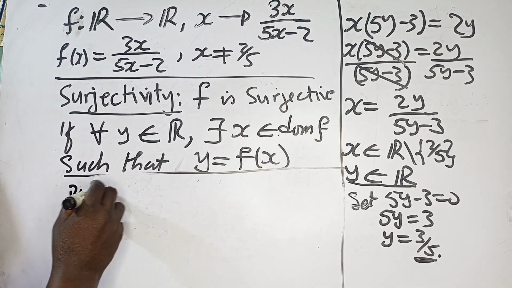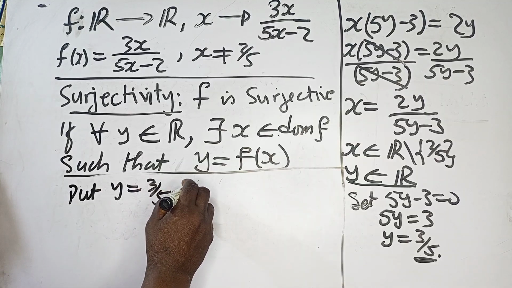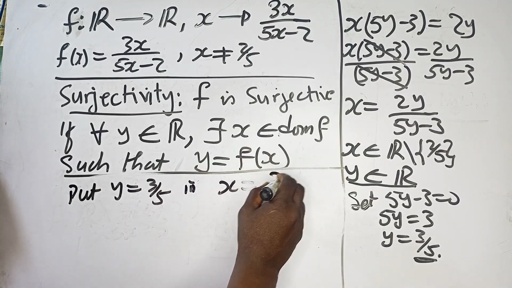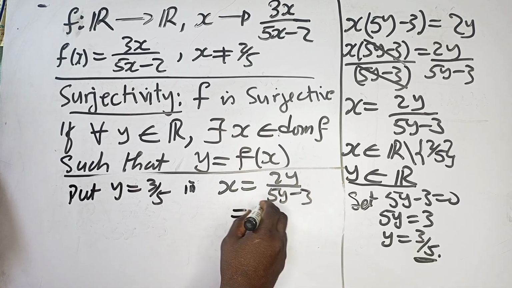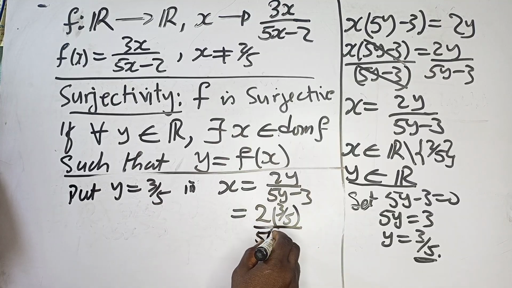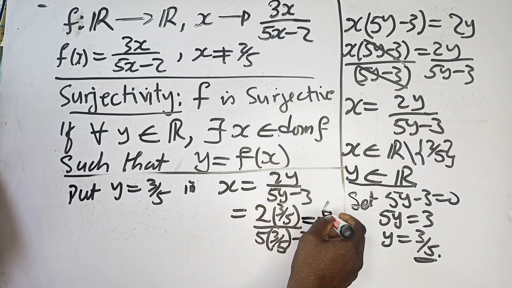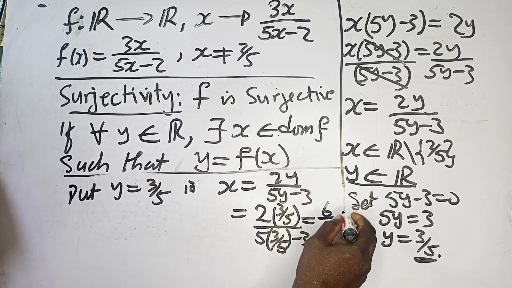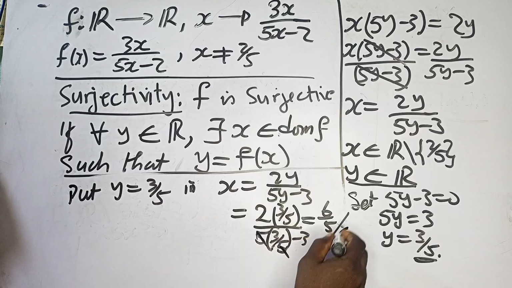If we put y equals 3 all over 5 in the expression x equals 2y all over 5y minus 3, what are we going to get? We have 2 into 3 all over 5, all over 5 into 3 all over 5 minus 3. This will give us 6 all over 5 divided by, 5 here cancels, 3 minus 3 is 0.